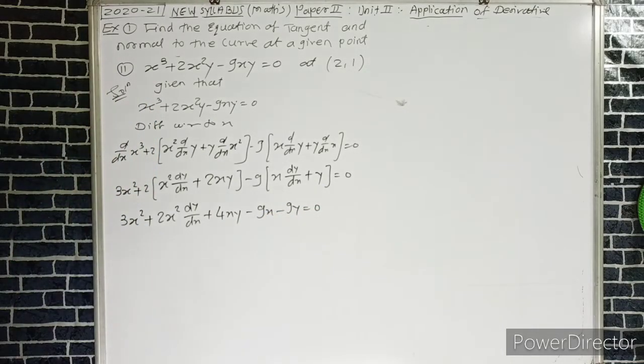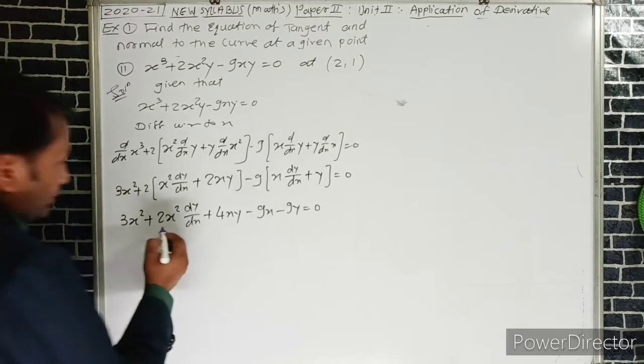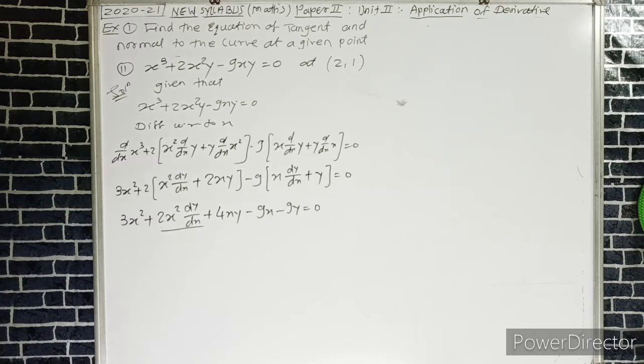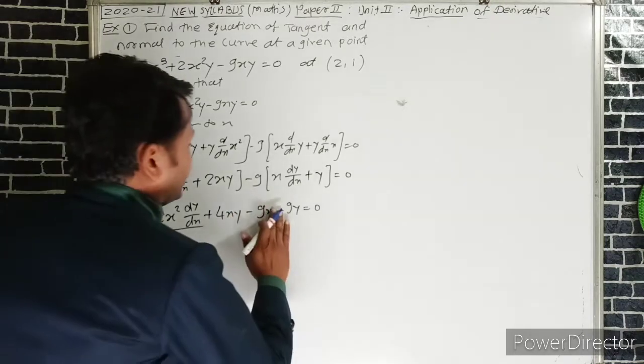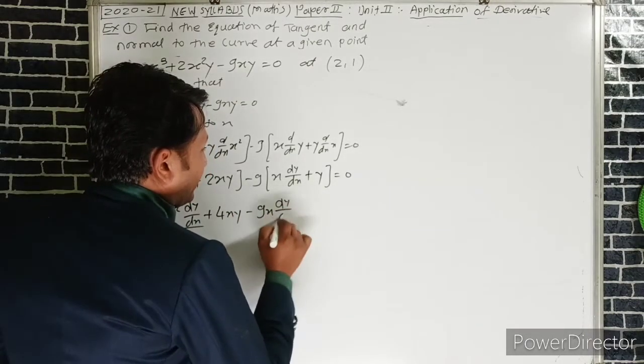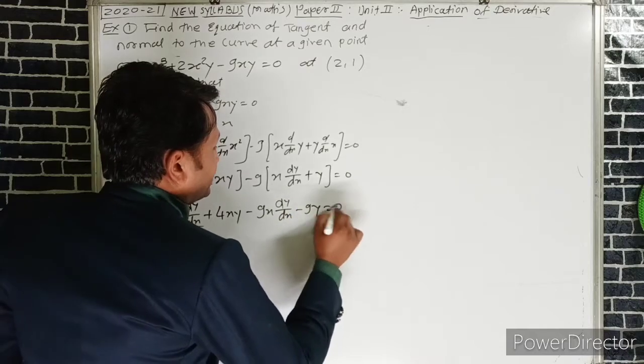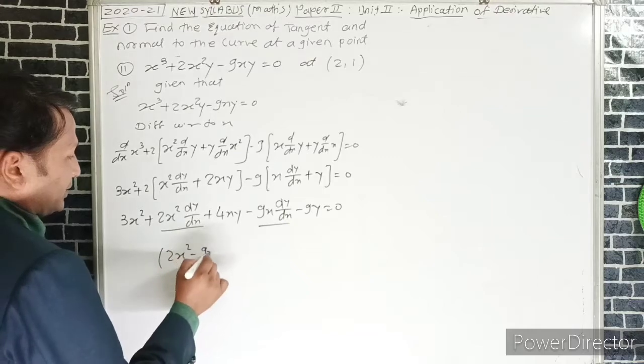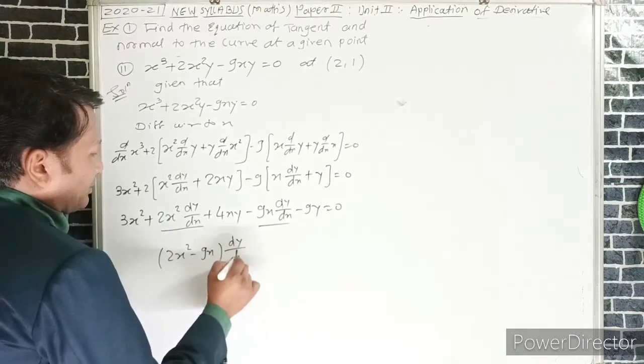Here, if we take dy by dx common from these terms, we can write 2x square minus 9x into dy by dx.